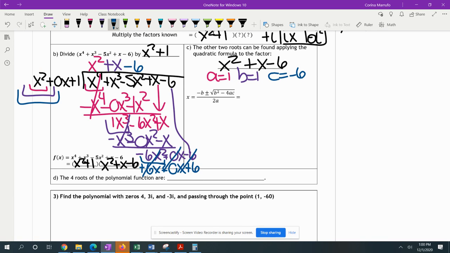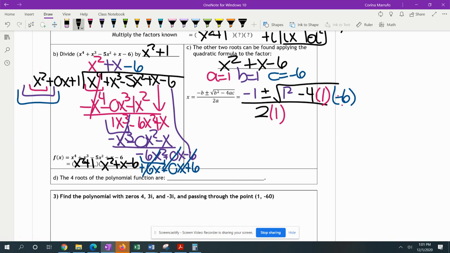Okay, so then from there we plug it into our quadratic formula. So x equals negative b. So the opposite sign of b, if b is positive, then it turns into a negative. So negative 1 plus or minus the square root of b squared. So b is 1, so 1 squared, minus 4 times a, which is 1, times c. c is negative 6. And all of this is over 2 times a. I already wrote a is 1.